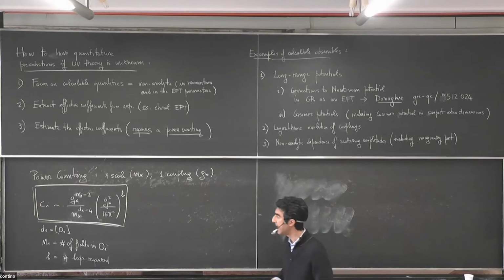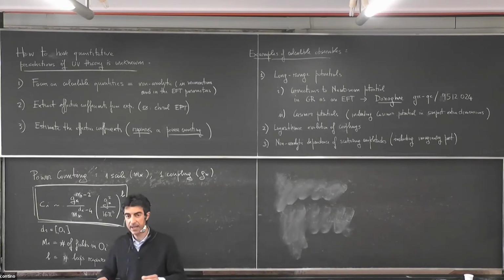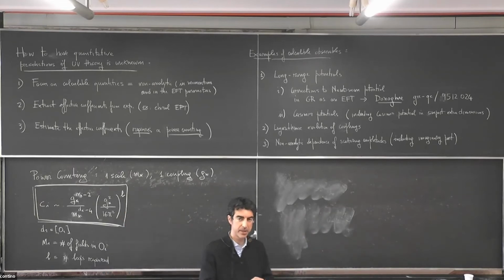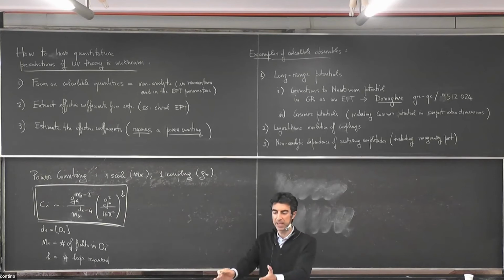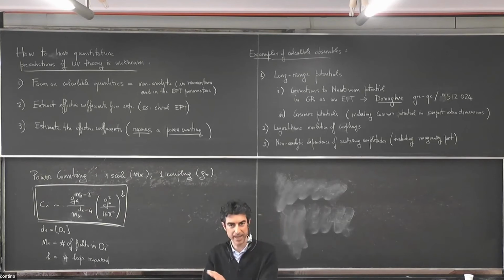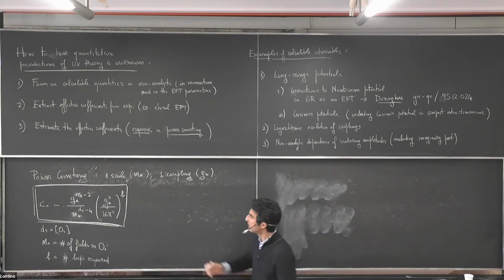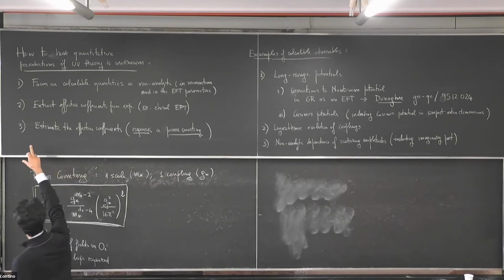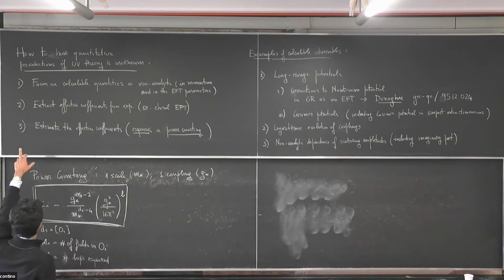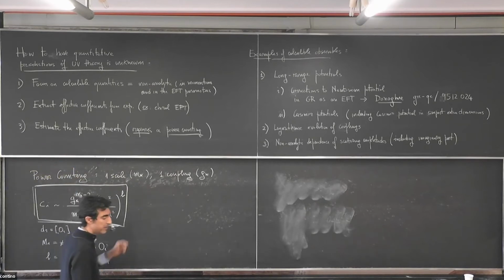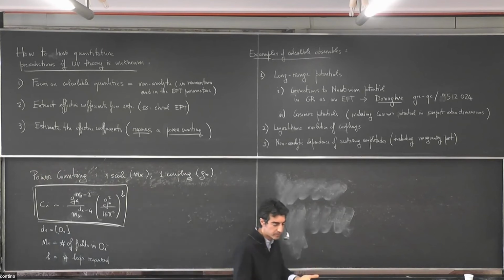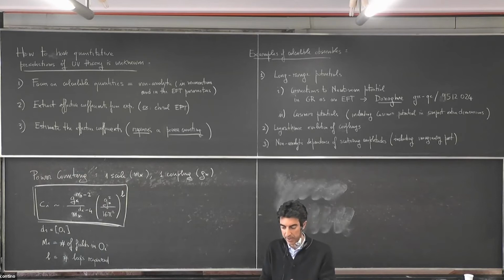No, the C_i, yes, of course. The value of the coefficients is unknown. Take this coefficient to have any value. It's unknown. So you're talking about when a quantity is calculable.